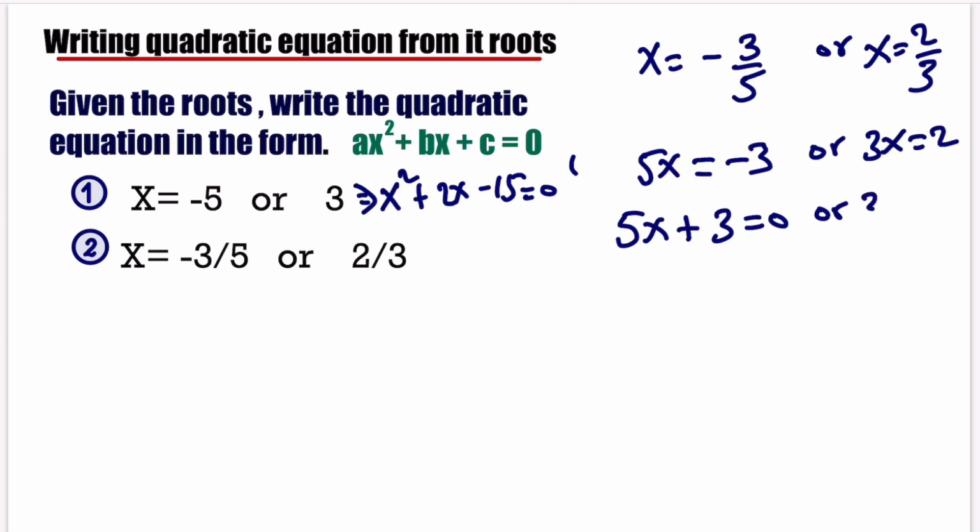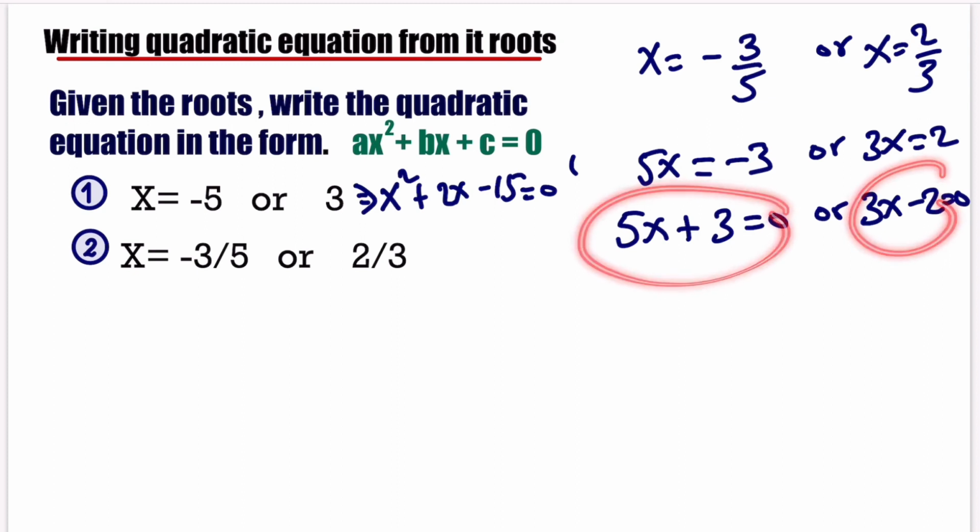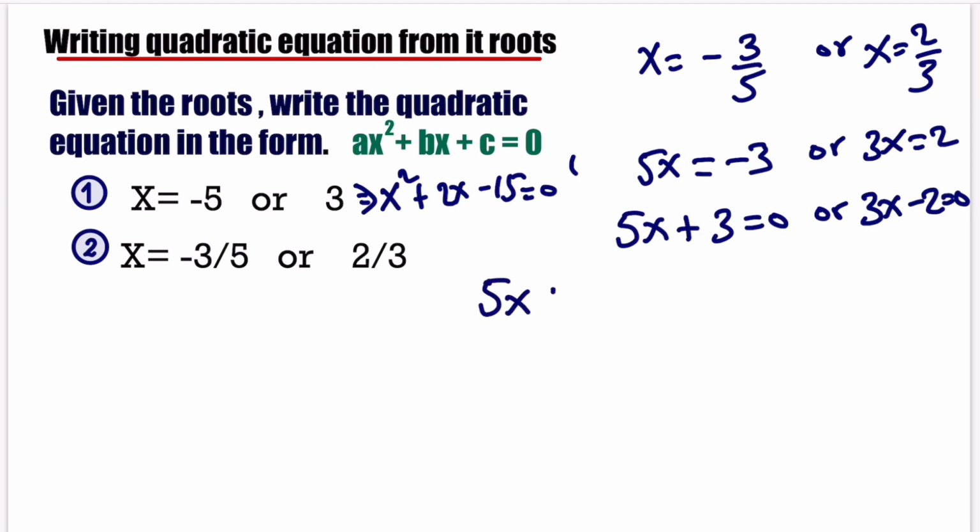Or 3x minus 2 equals 0. So next we need to multiply both of them. So if we multiply, we are going to have 5x plus 3 times 3x minus 2 should be equal to 0.